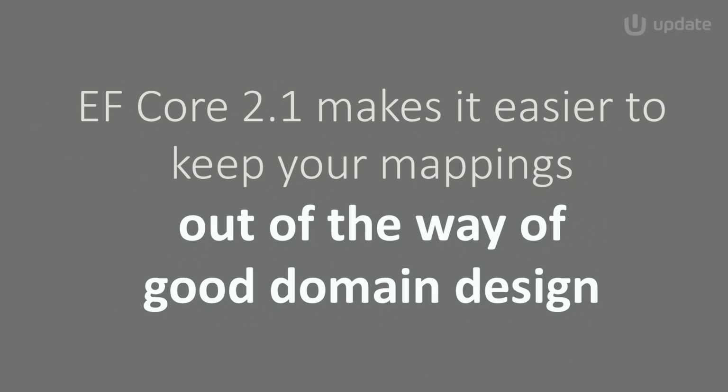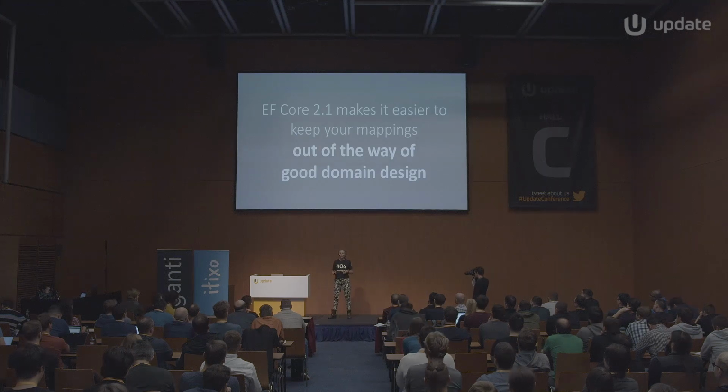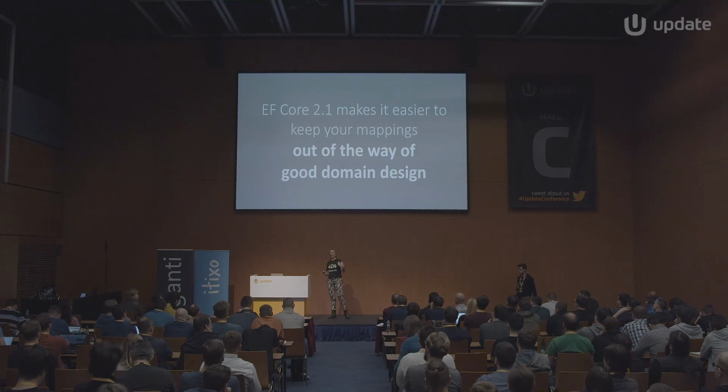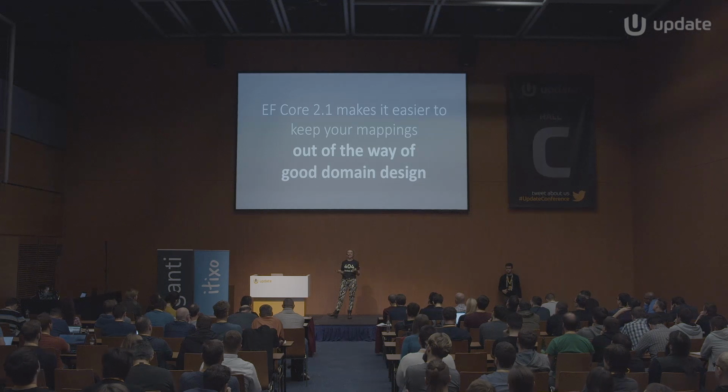So I'll be using 2.1, 2.2 preview, but it was really 2.1. Each iteration of EF and EF Core has gotten us closer and closer to being able to get through to the database and back and forth to do our persistence without having to say, no, you've got to use a data model.